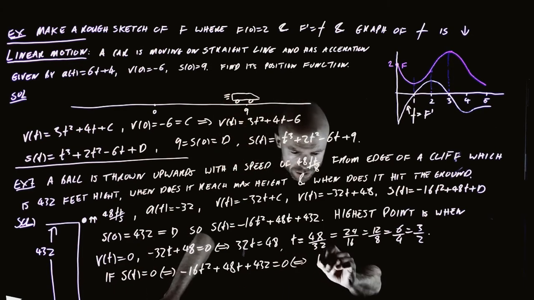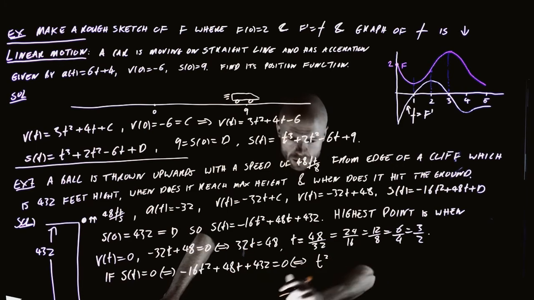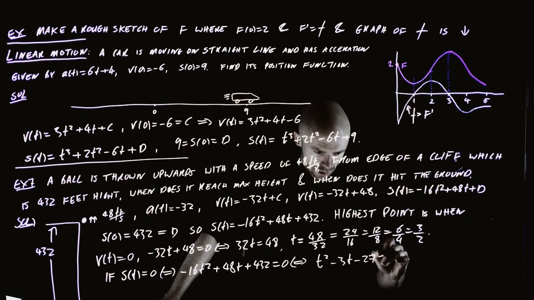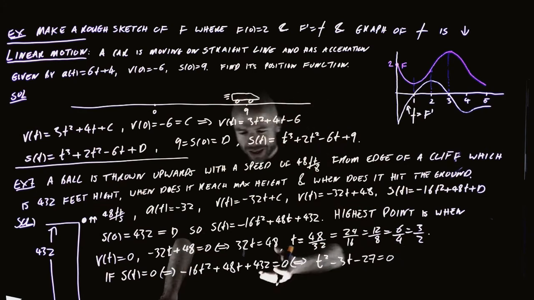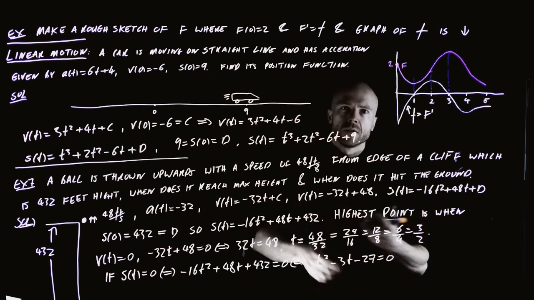So that's going to be the same as t squared, I guess this is like 32, that's like 3, right? So minus 3t, and this guy is minus 27. Not because I did it in my head, just because I already did this. So that is our guy. And then this is just a quadratic, and we can just solve it.